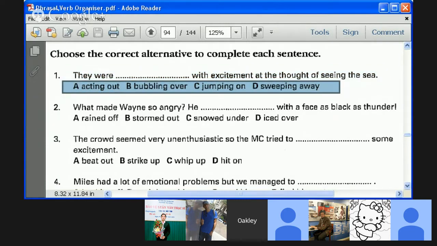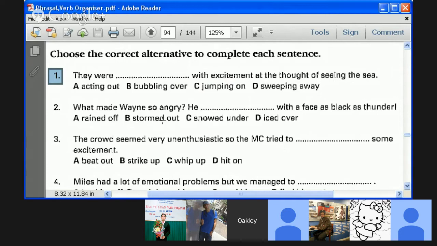Okay, I'm going to start with Khaled, since you were first in. Khaled, can you read number 1 for us, please? They were blank with excitement at the thought of seeing the sea. I think they were jumping on.